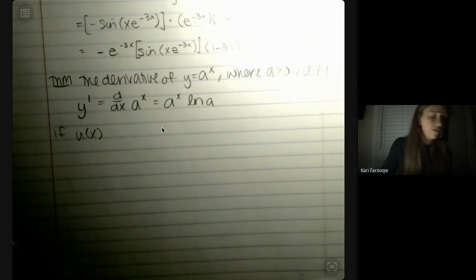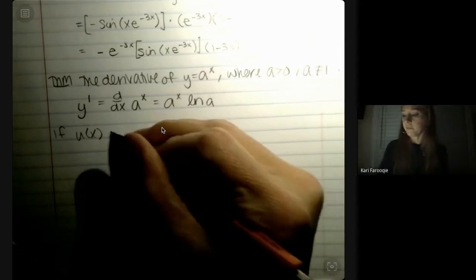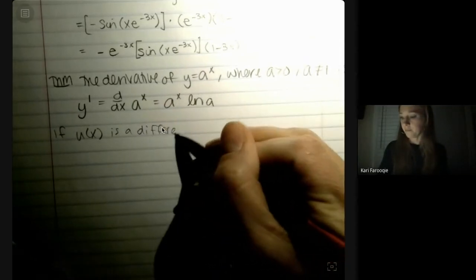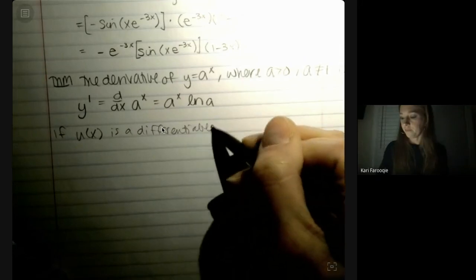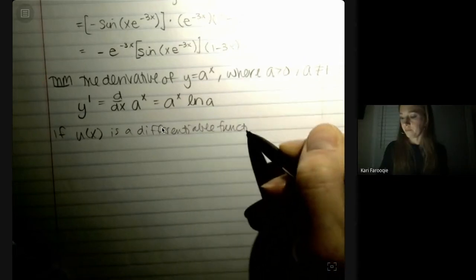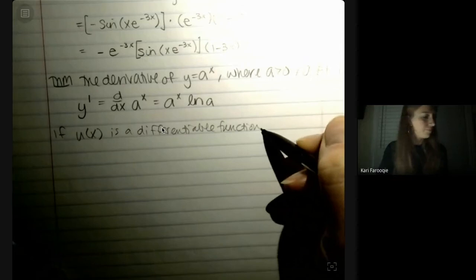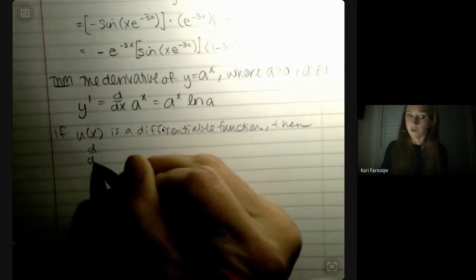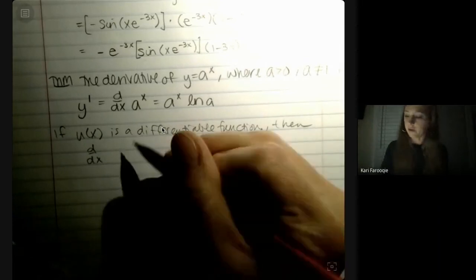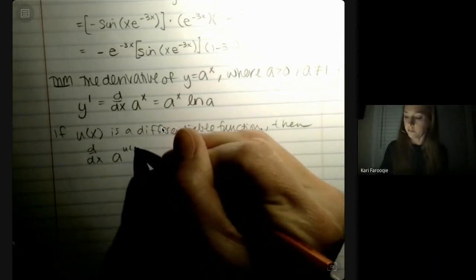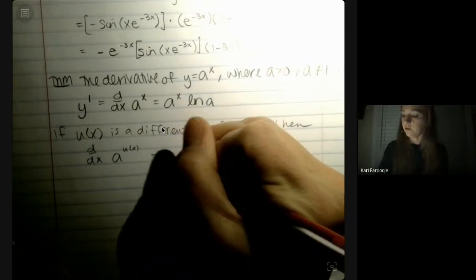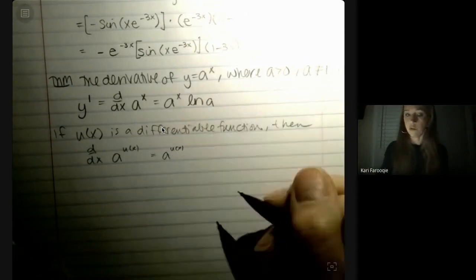If u of x is a differentiable function, then the derivative with respect to x of a to the u of x is equal to a to the u of x ln a.